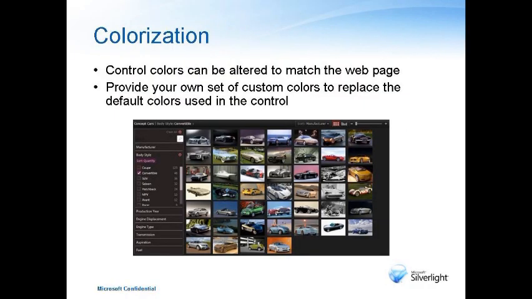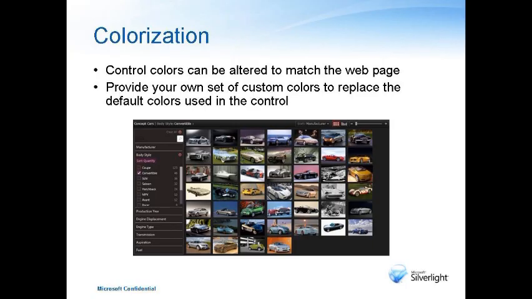So I mentioned we'd talk a bit about colorization. We don't have a demo of this today, but this shows you that whereas our Pivot Viewer control by default is going to look pretty similar to the Pivot application, this is an example of how, if you had a dark colored web page, you could have a dark themed Pivot Viewer to go along with it. So this is a little different from regular Silverlight styling.